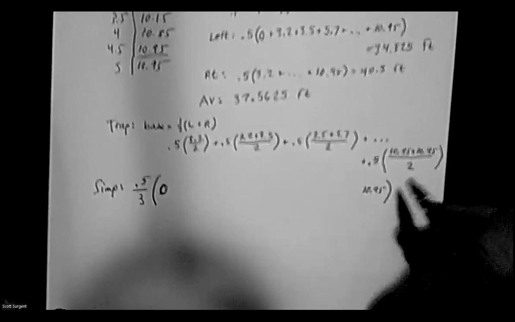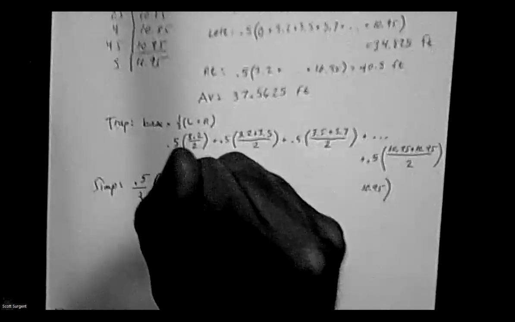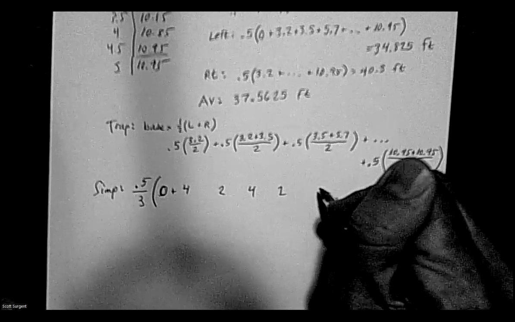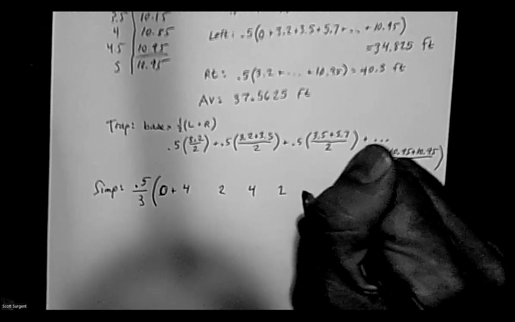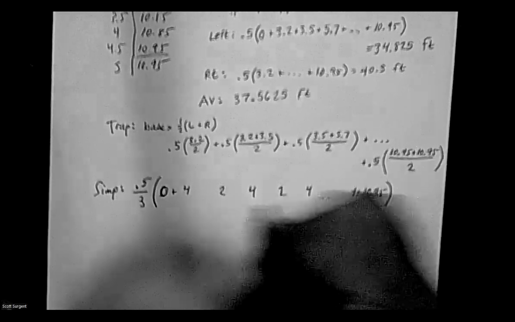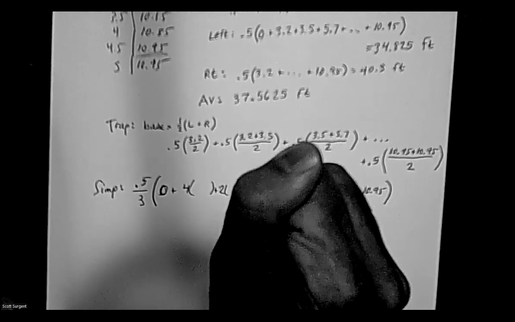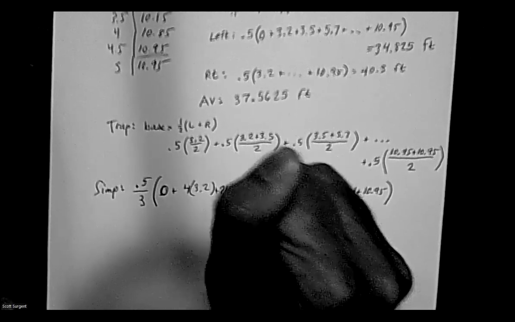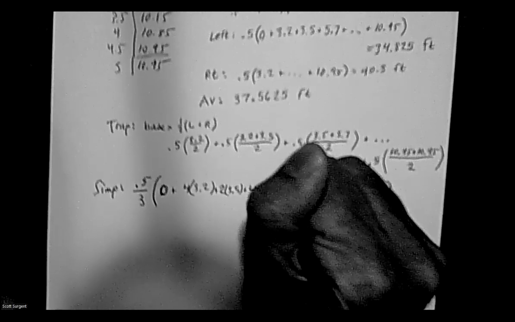And then in between, you're going 4 and 2 and 4 and 2, and you always have to make sure you end up at a 4. So it has to alternate. And then you're doing the functional values, so 3.2, 3.5, 5.7, etc. And then you just punch that out in your calculator.